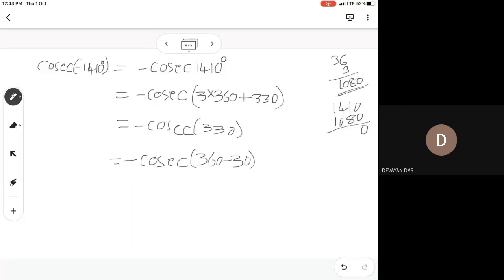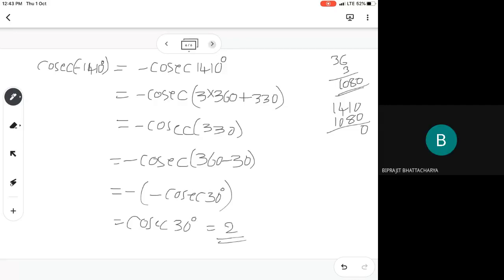So that's why you are going to get minus of minus cosec 30, because in the fourth quadrant cosec is negative. So with this you are going to get again cosec 30 degrees, which is equal to 2 again.